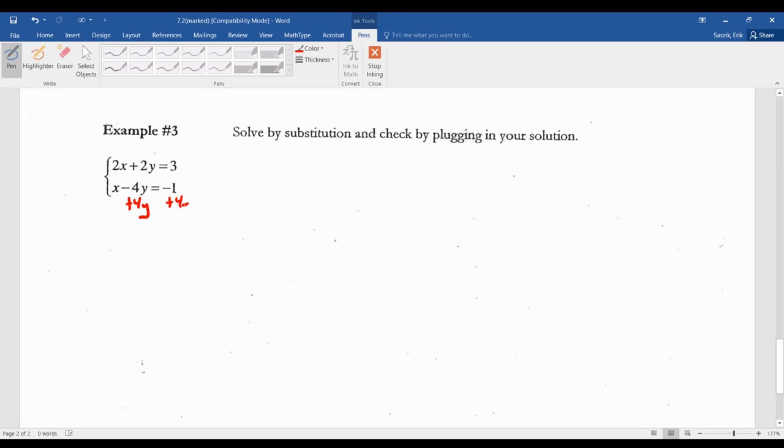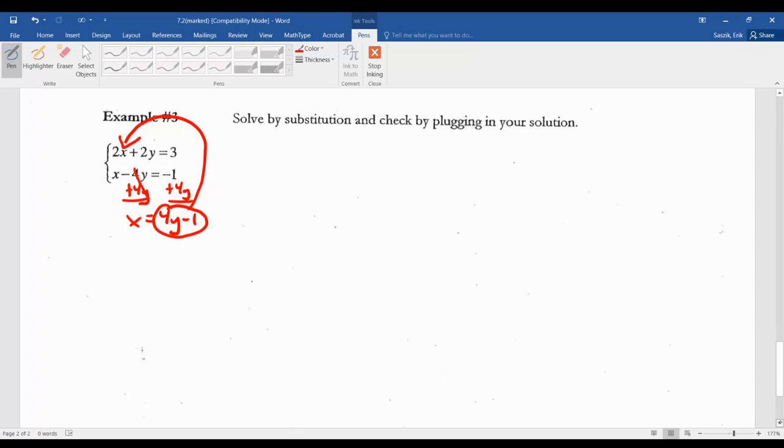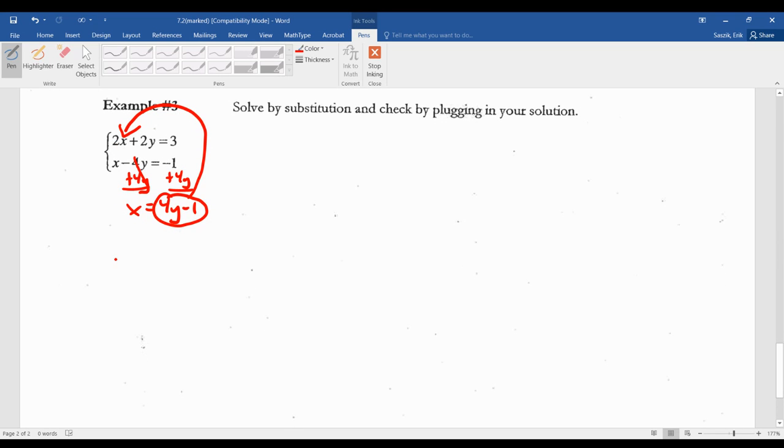So I'm going to solve the second equation for x by moving the 4y over. So x is the same thing as 4y minus 1. So now we've got to go and plug in for x in the other equation. Okay? And now that 2 is still there.